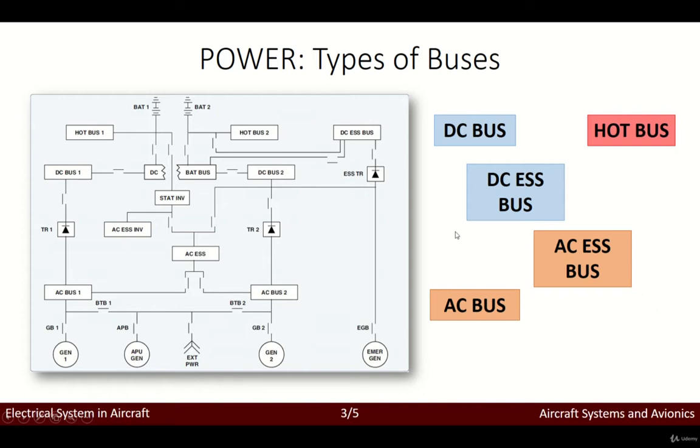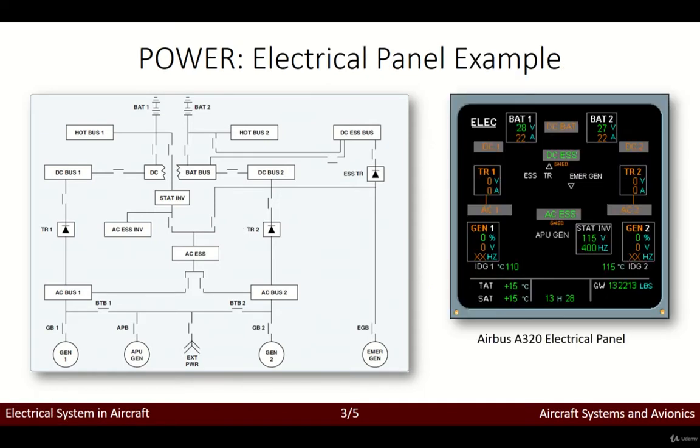Again, we have the generic alternating and direct current buses, 1 and 2, depending on the system, the essential emergency buses, and finally the hot buses. So this is the definition of all the different connections that we need in order to get electrical energy to the different subsystems. If you are a pilot, this is what you will see.